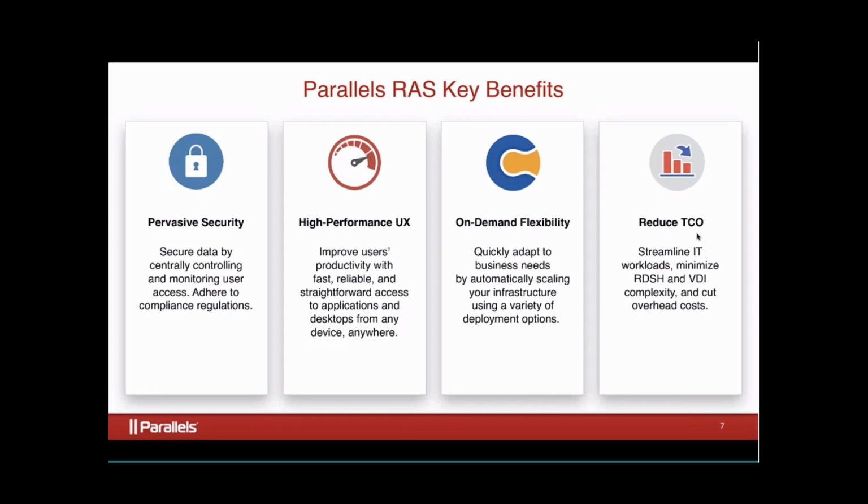By default, when you install Remote Application Server, you have the VDI agent installed, so you can start using it right away. And as part of the TCO part, if you want to use application publishing, desktop, remote PC, auto scaling, or any other features of Remote Application Server, it's all included in the price.